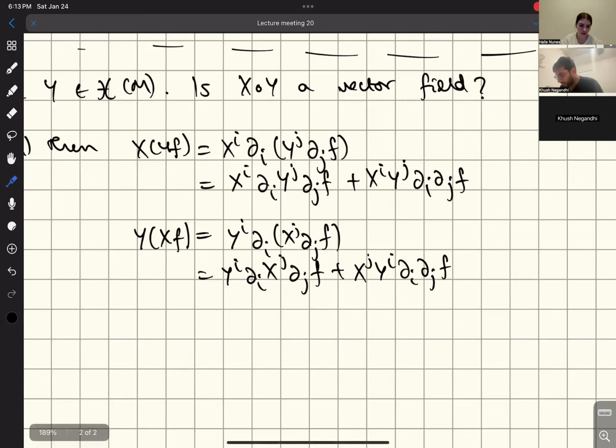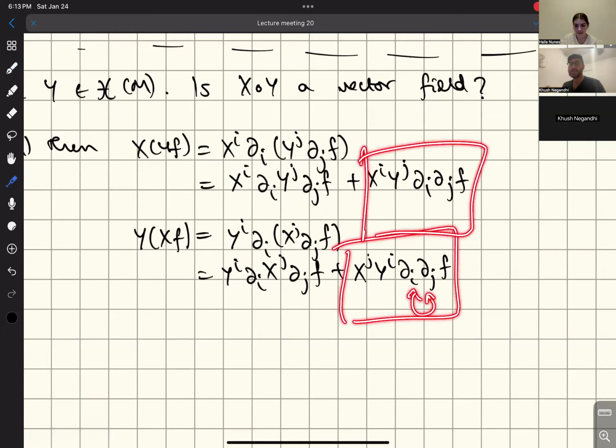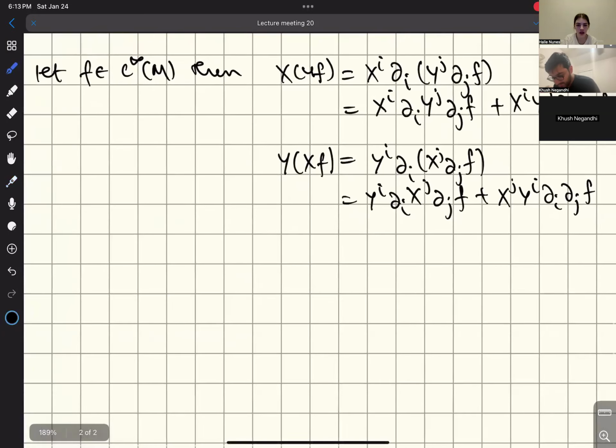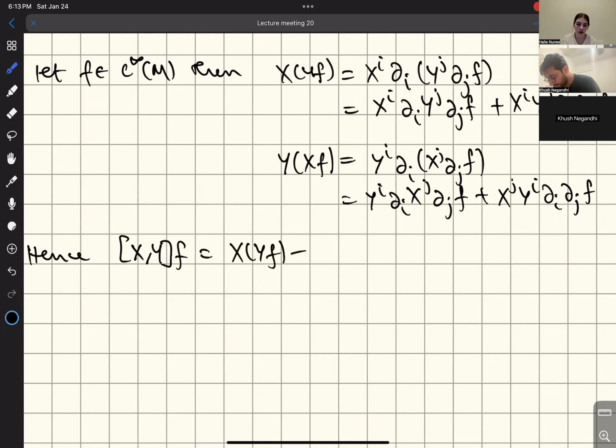Now if we swap i and j, since we're summing over them, this term and this term are exactly the same, so we can just cancel them out if we subtract. Hence the commutator, the Lie bracket, [X,Y]f = X(Y f) minus Y(X f), is a vector field.